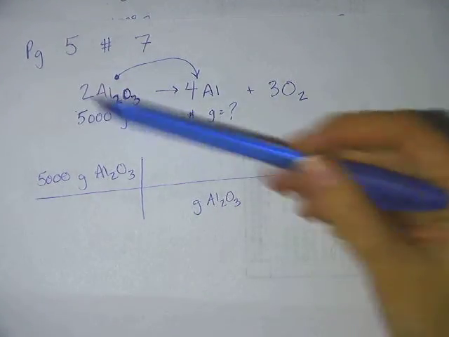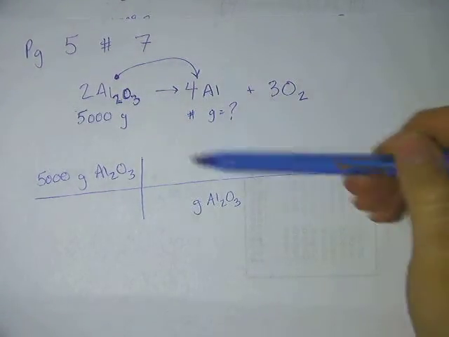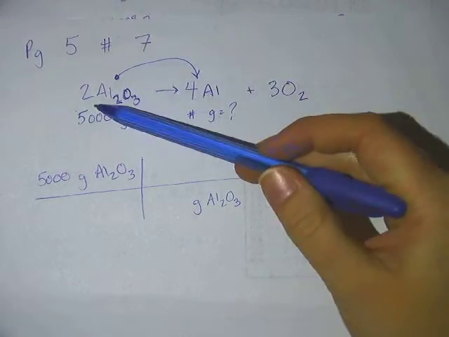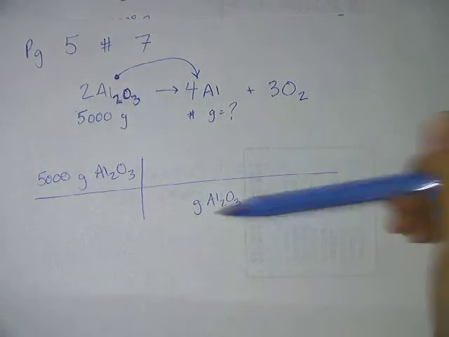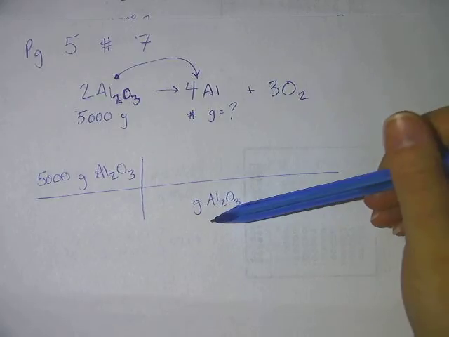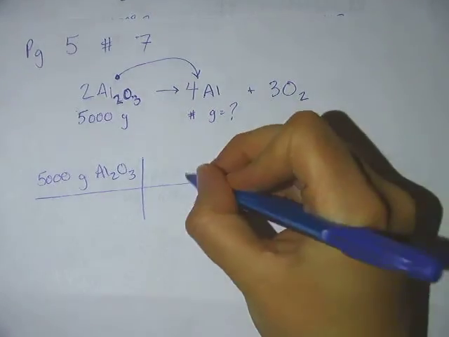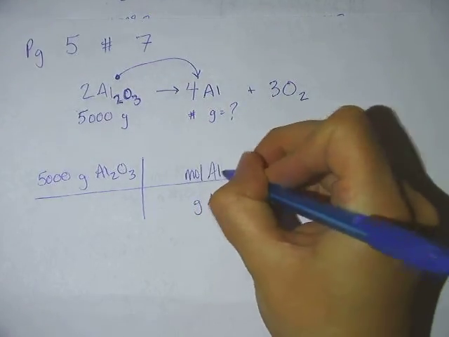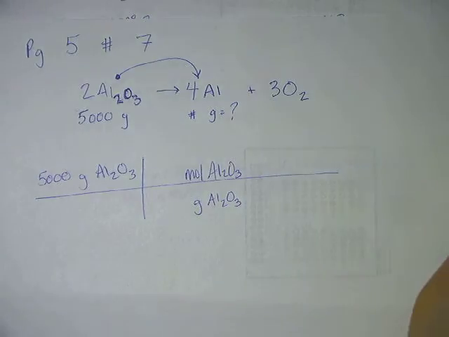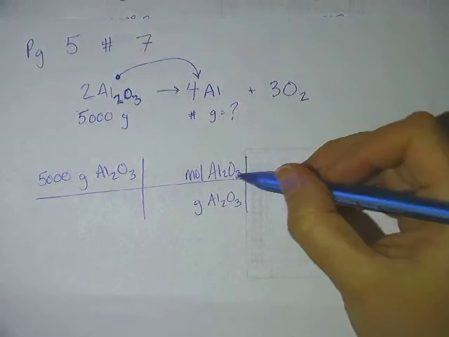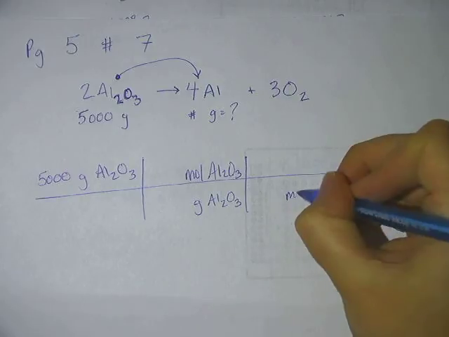Can I put this 2 right here and follow my mole bridge? Can I get on the mole bridge yet? No. No, I have grams. You can't pay in grams, you gotta pay in moles. So we need moles. Then, what goes up must come down.